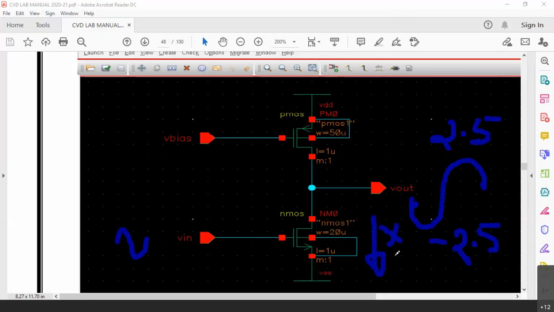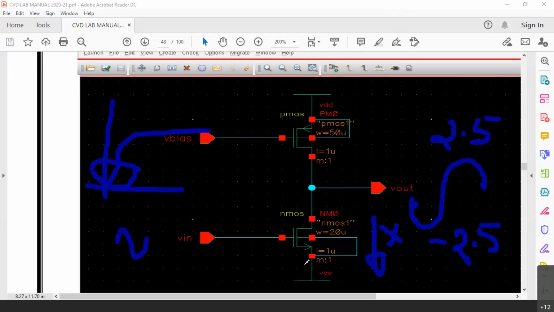What do we call it when the transistor goes into the full linear operation? In the curve we have a name for this particular area. Deep triode region. It is called deep triode region.